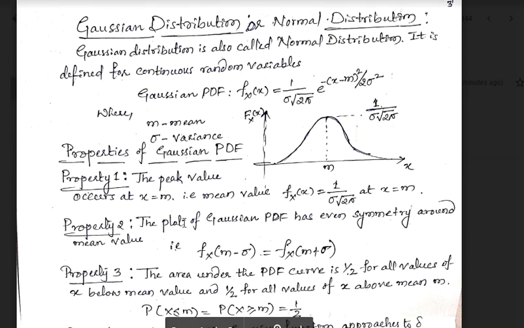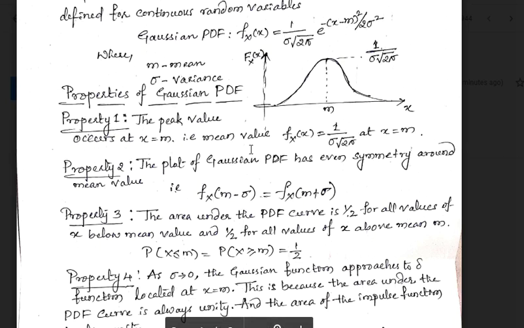Then property 2, the plot of the Gaussian PDF has even symmetry around the mean value. So about this mean, if we fold this graph about m, then we get two equal parts. So it is symmetrical about this axis. Which can be written as f_X(m minus del).